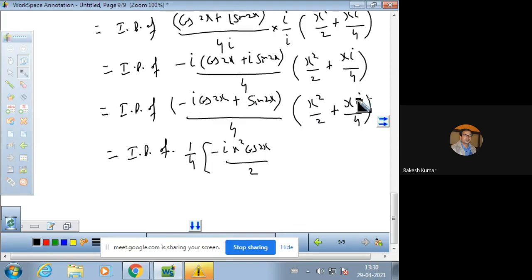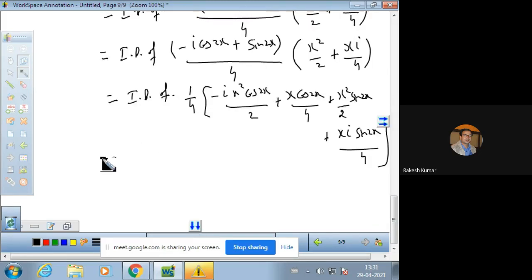So minus and iota will be minus, minus minus plus. So x cos 2x over 4, multiply sine 2x here, so x square over 2 into sine 2x, multiply the same term with x iota, so x iota sine 2x over 4.